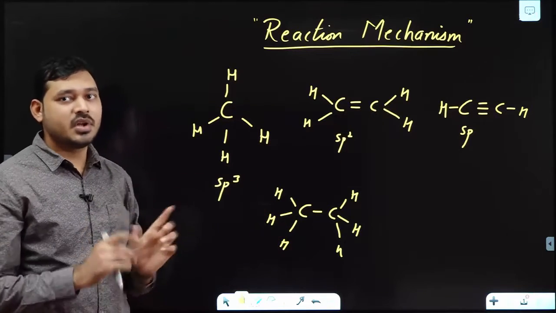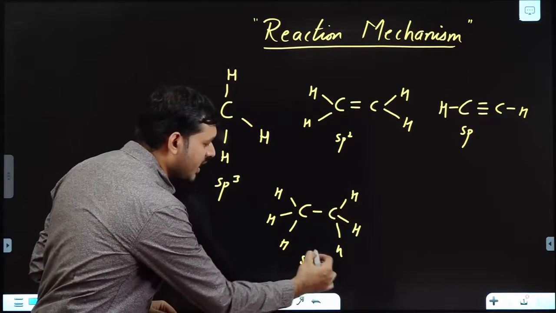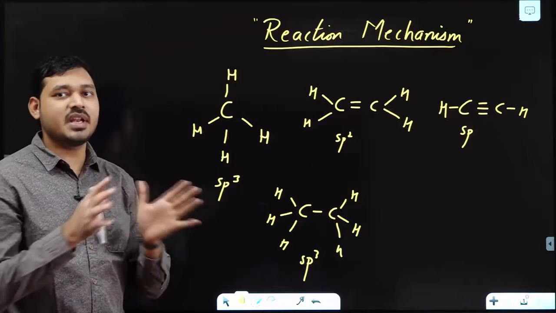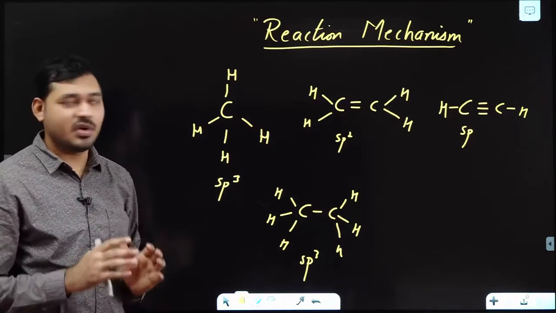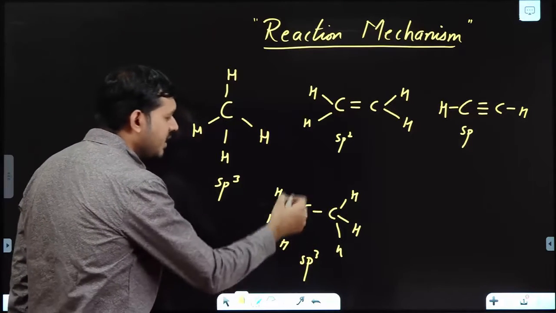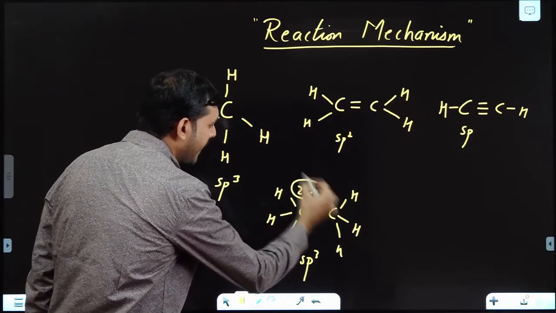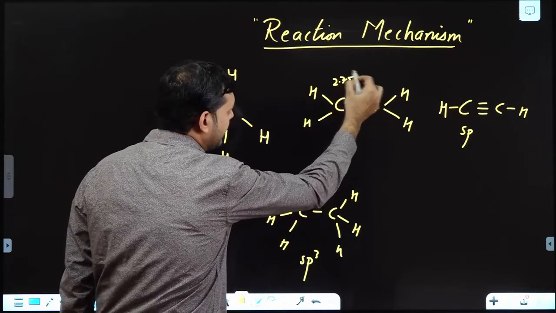Also, due to these different hybridizations, the electronegativity of the carbon atom varies. And due to the variation in electronegativity, polarity between bonds is created. Let me tell you, the electronegativity of a simple sp3 hybridized carbon atom is approximately 2.5. This one is approximately 2.75.